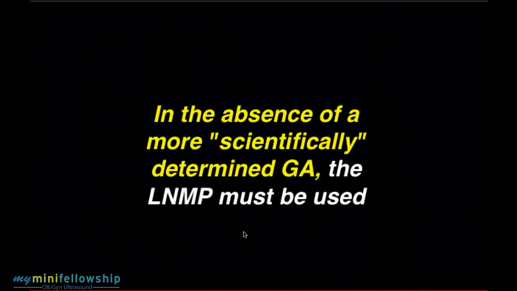My rule, however, is that in the absence of a more scientifically determined gestational age, the last normal menstrual period must be used. What is a more scientifically determined gestational age? Any mean sac diameter or crown rump length from the first trimester of pregnancy.